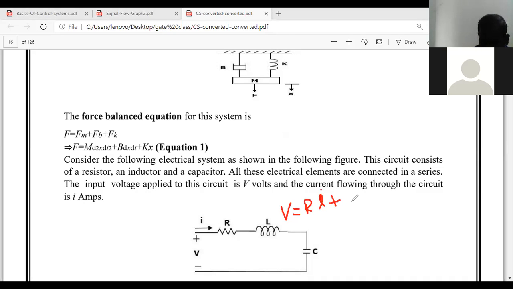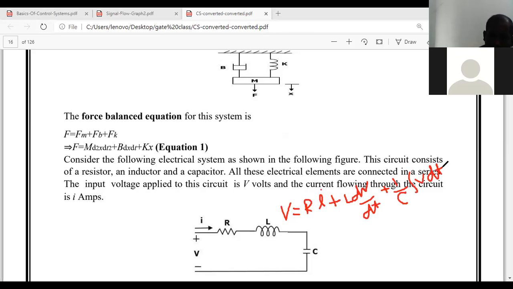Plus L into dI by dt, plus 1 by C integral of I dt, right?